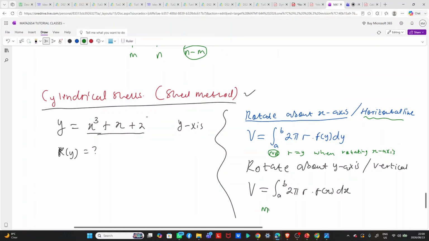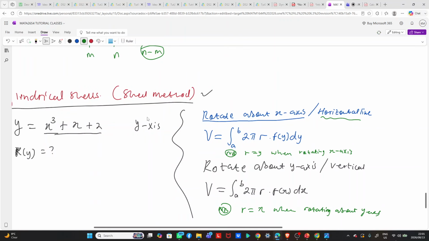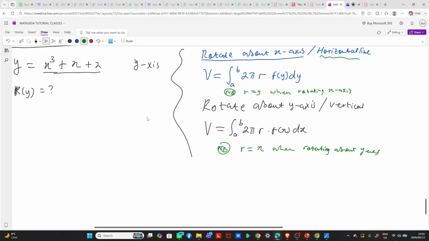Here, your r will be x when rotating about the y-axis. So that is what you're going to have. All right, without wasting time, we can get into the ideas and see exactly how we're going to utilize this technique.